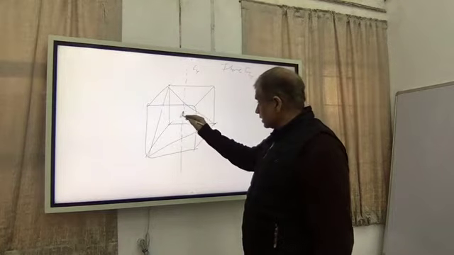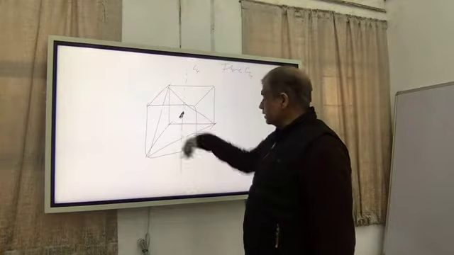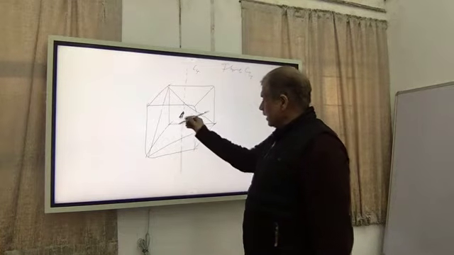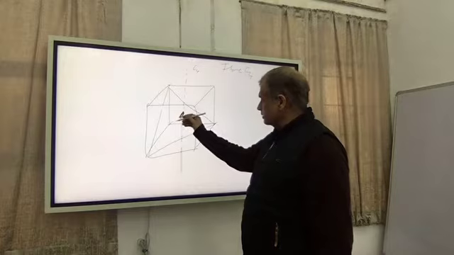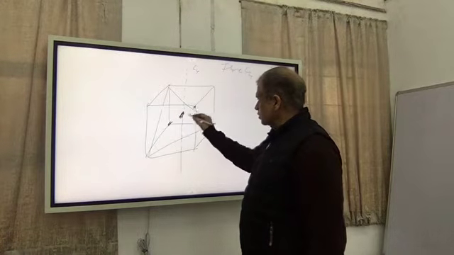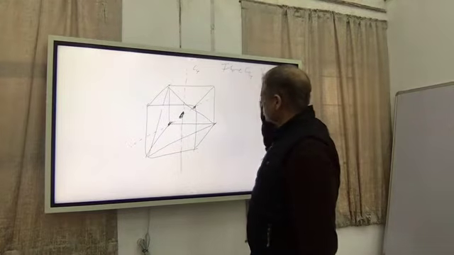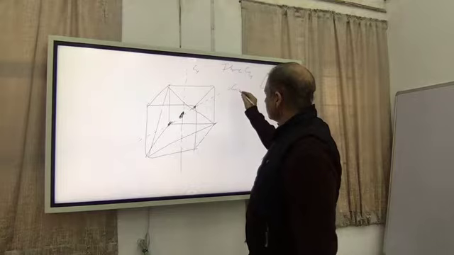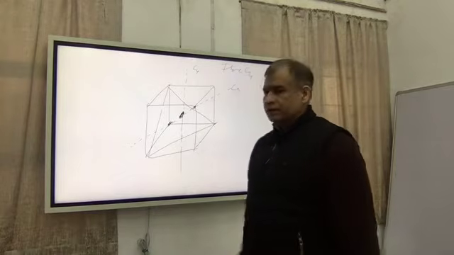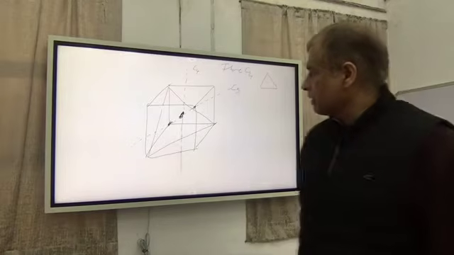So this body center of the triangle and the cube are same, and perpendicular to this plane, the axis will exist passing through these two opposite corners. Actually, it may be a little difficult to make this axis because of the 3-dimensional nature of the figure.